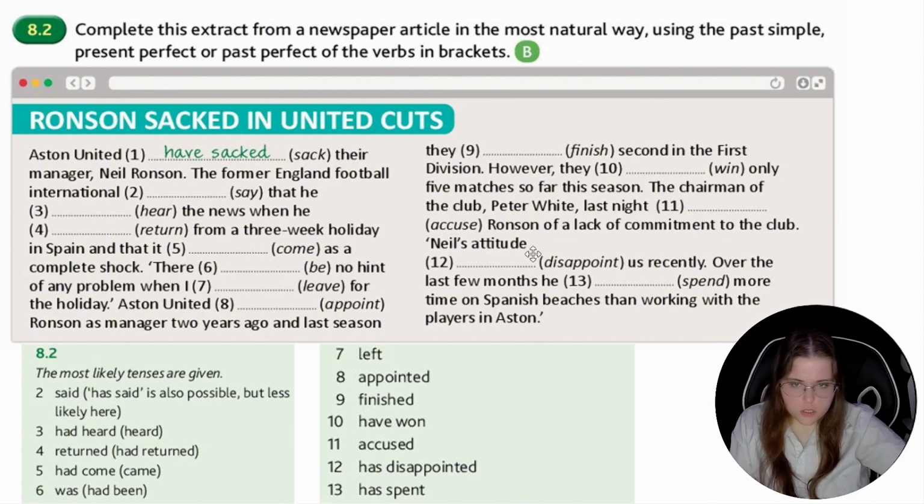Neil's attitude has disappointed us recently. Recently, present perfect. Over the last few months, he has spent more time on Spanish beaches than working with the players in Aston, and he has spent this time by now.